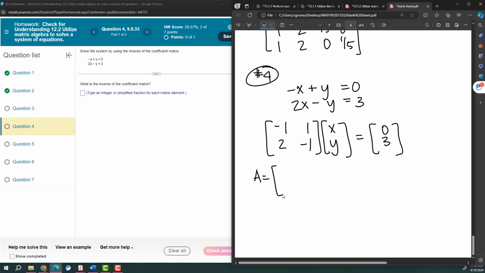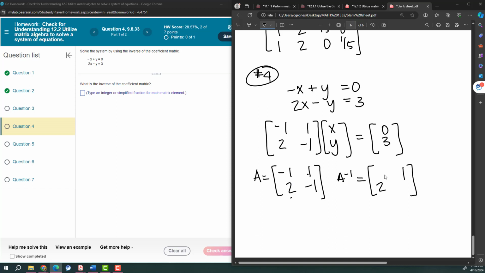So the first part, it says to find the inverse. So our coefficient matrix is going to be A, and I'm going to give you a little trick when you are finding the inverse. What you're going to do is look at your first matrix, and these two values are going to stay the same. So the 2 and the 1 are staying the same, and then the negative ones are going to be switched.